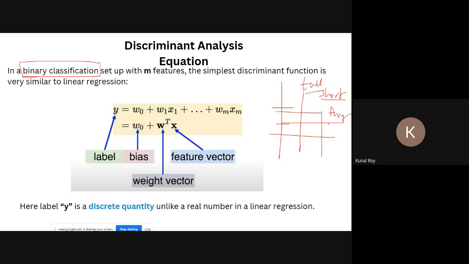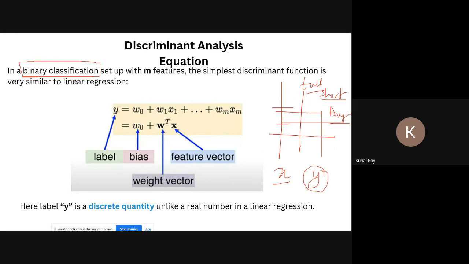We are classifying these features into different types of variables, variable x and variable y. Variable y acts like a dependent variable, and x are the independent variables.